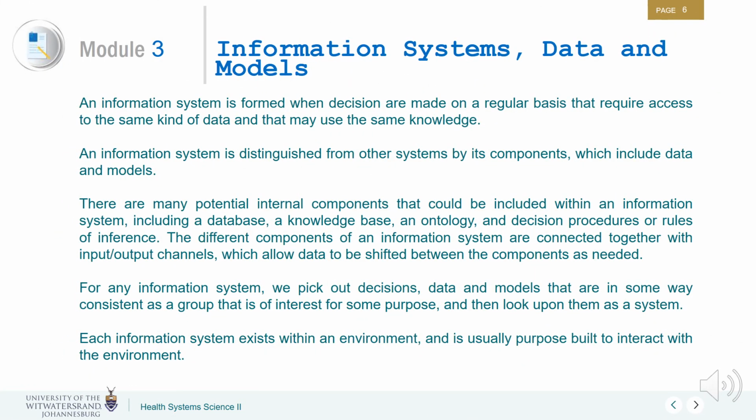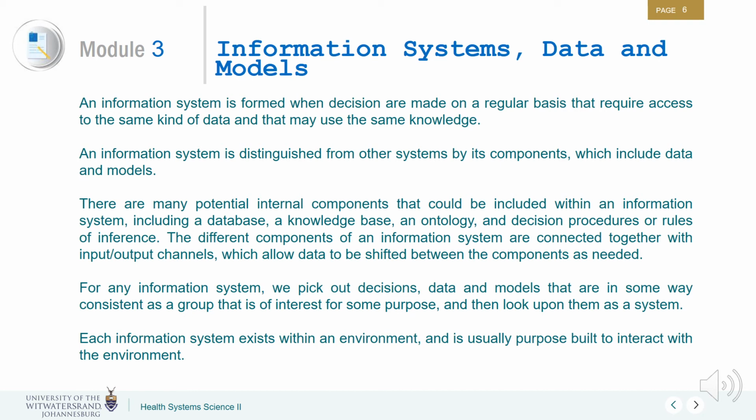So we can see that there is a relationship between information systems, between data and between models. So an information system is formed when decisions are made on a regular basis that require access to the same kind of data and that may use the same kind of knowledge.